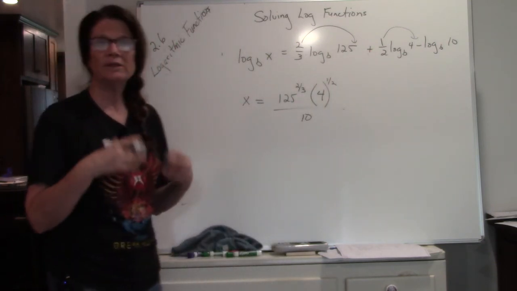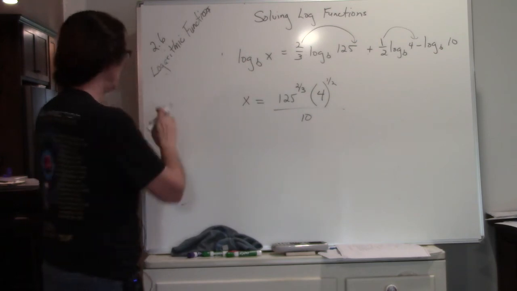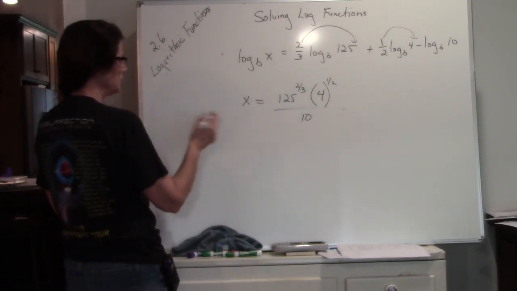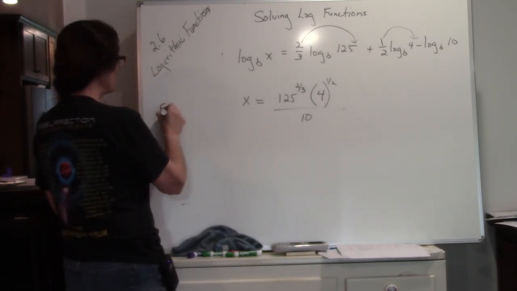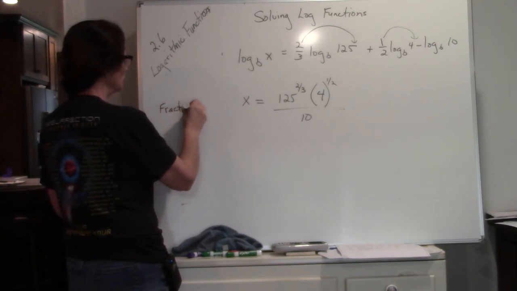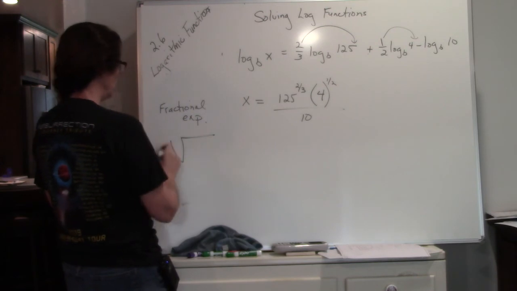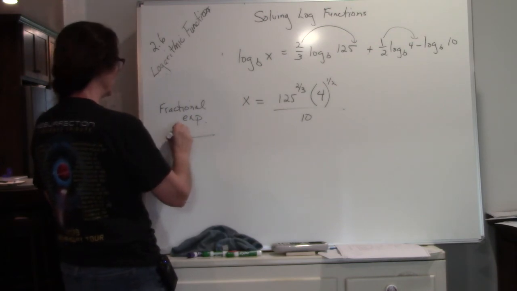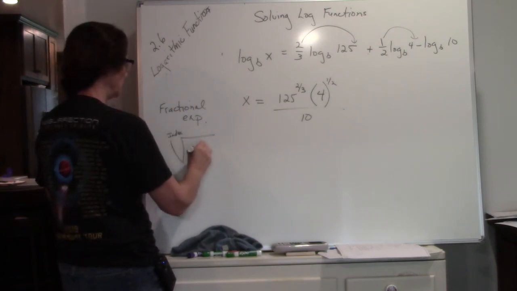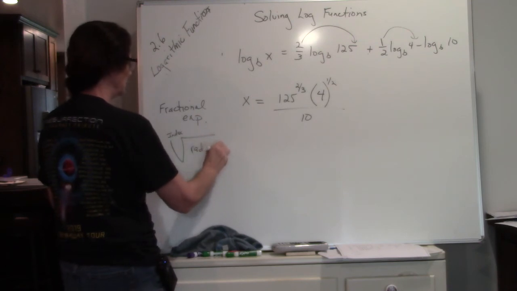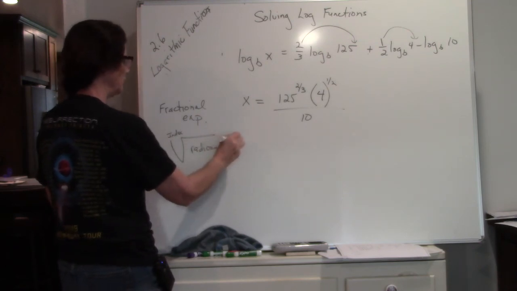Okay, now, one thing that we haven't really talked about a whole lot is when you have a fractional exponent. A fractional exponent is just a root. So when you have a root, this is your index, this is your radicand, and then we have an exponent on this.